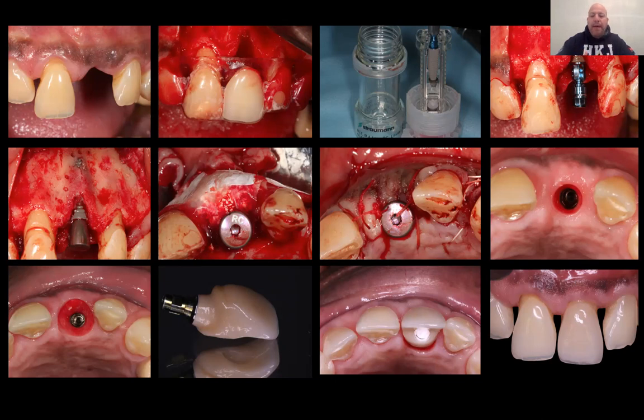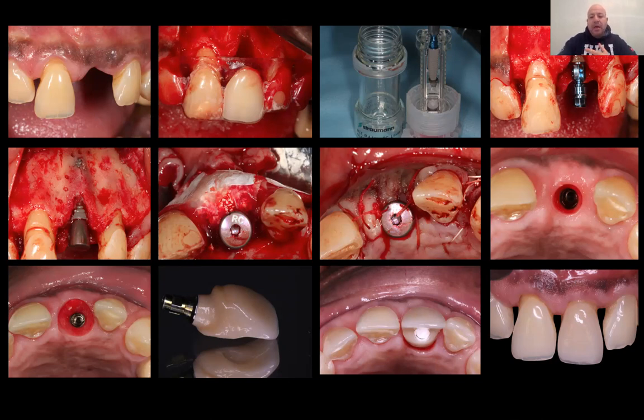And if you compare the picture with the circle emergence profile on the middle row with the picture of the final emergence profile in the bottom row, you could see how we've got better emergence profile, but also better convexity by displacing the soft tissue using our temporary crown.